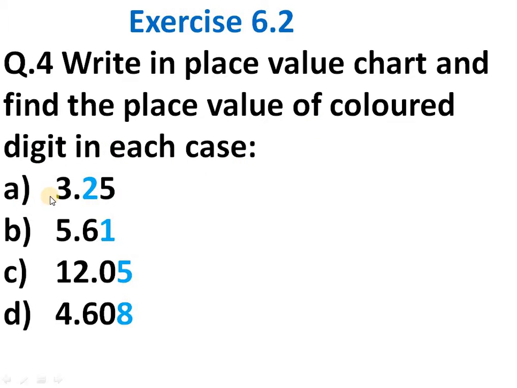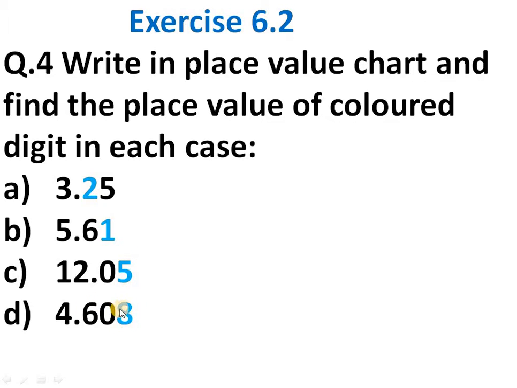In front of you, parts A, B, C, D are written, and in each number you will find colored digits. Here, 3.25: 2 is the colored one. 5.61: 1 is the colored part. 12.05: 5 is the colored part.